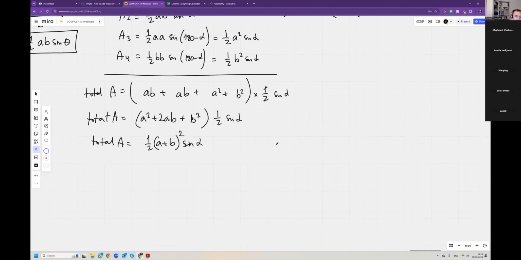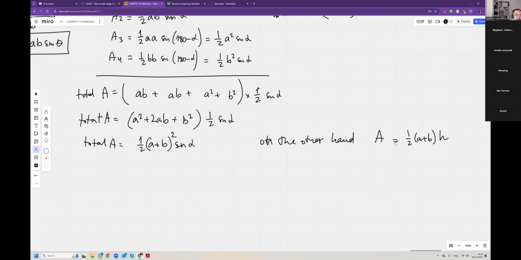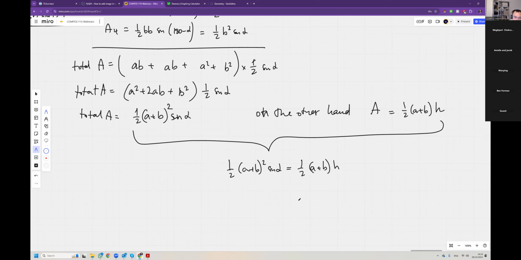Okay, but on the other hand, the area of a trapezium is the midline, 1/2 A plus B, times H. Combining these two, 1/2 A plus B squared sine alpha equals 1/2 A plus B times H. A plus B cancels, 1/2 cancels, and we have H is equal to, oh, the midline, sorry.